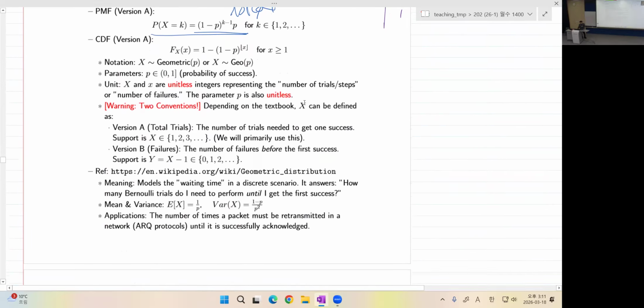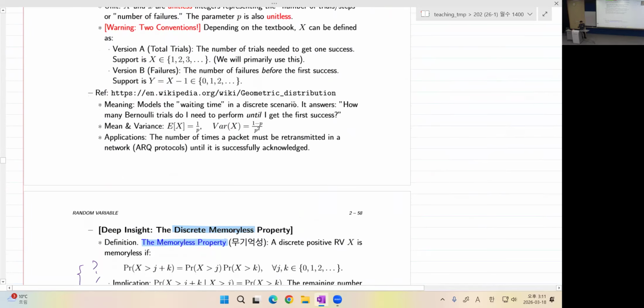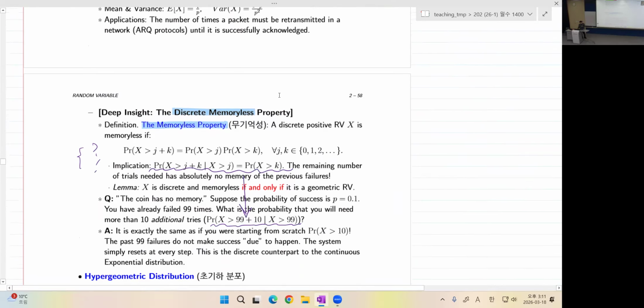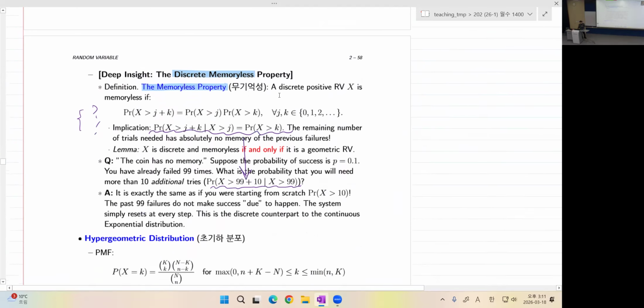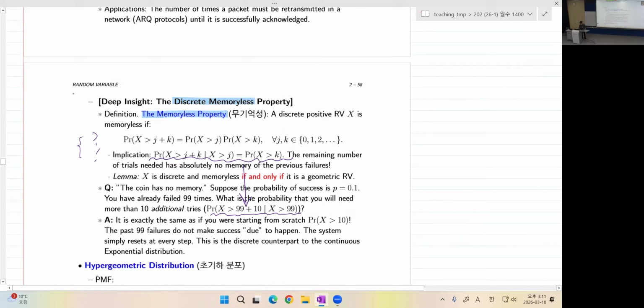And you may find the mean and variance, even though I didn't teach it, but you already know. Another important thing is the discrete memoryless property of a geometric distribution. This is very clear in this problem.